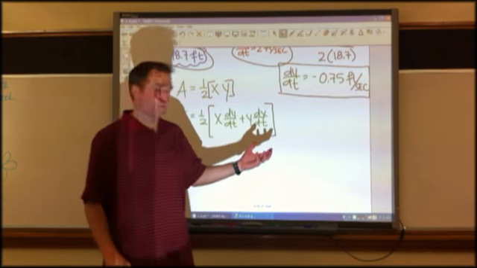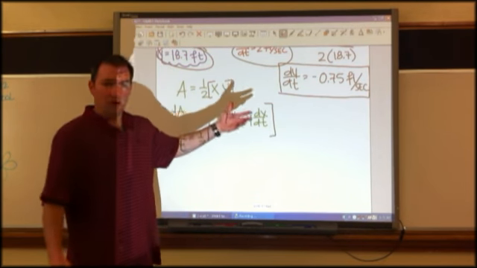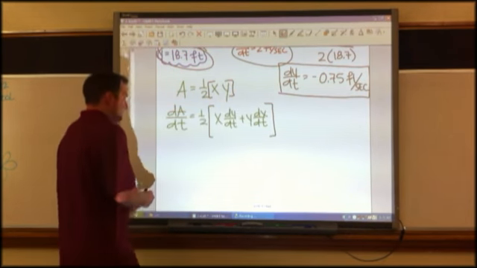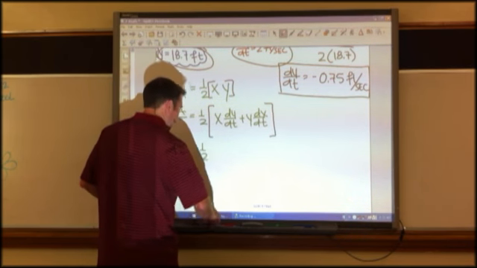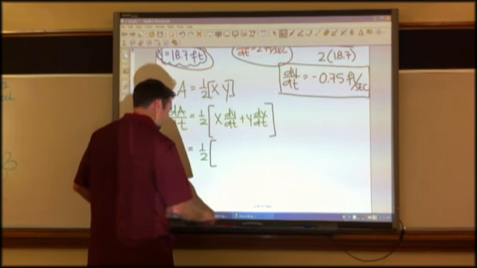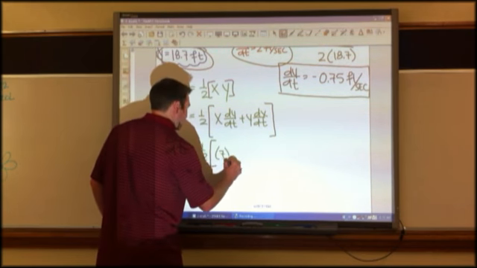Looks quite complicated at this point, but we know all these values, so we're almost done. If I start plugging in what I know, I've got 1/2. I'll leave my brackets on so it's easy to follow. I know the value of x is 7.